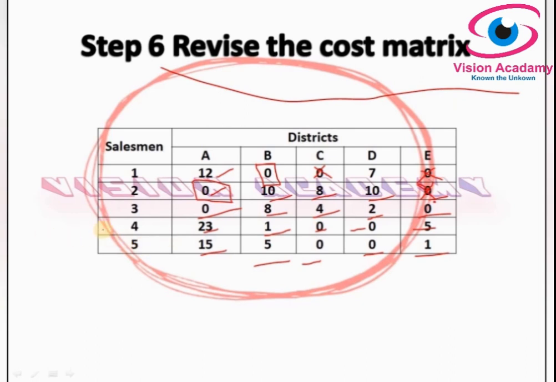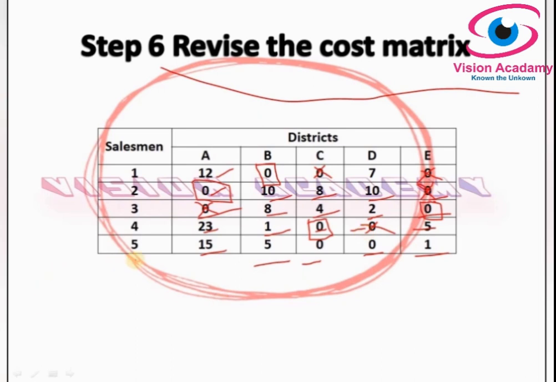And in the third row, yes, there is a zero and there is also a zero, but I won't give a rectangle to this because in this column we have given an assignment. To ensure there is only one assignment for one column, I will give a rectangle for this and strike out this zero. Coming to the fourth row, yes, 2 zeros are there, I will give a rectangle to this zero and cross out this zero.